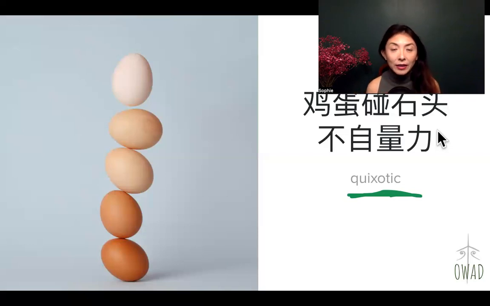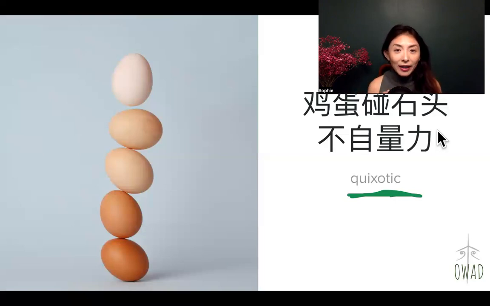We also have another expression, 初生牛犊不怕虎. Like your newborn ox, you don't even know what a tiger is. It can eat you up, but because the 初生牛犊, the newborn ox, has no such pre-knowledge about what's going to happen, right? Therefore, they don't have the fear of the force or this life-threatening situation.